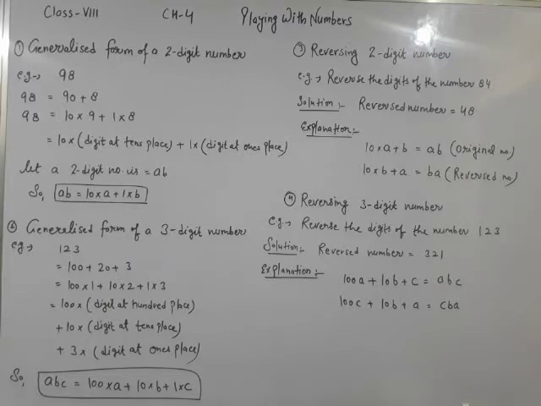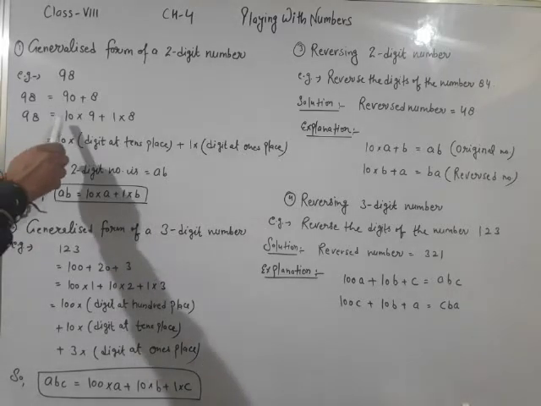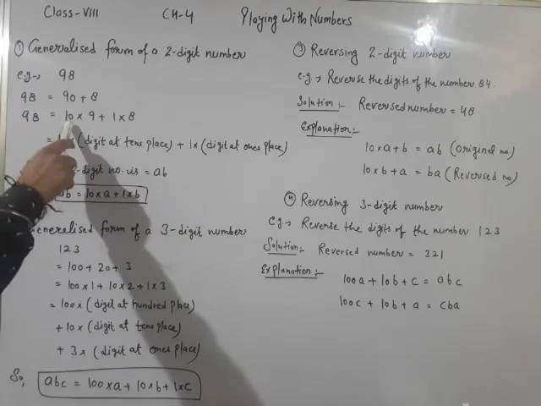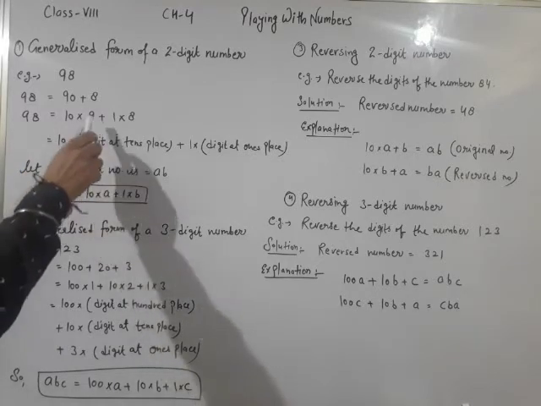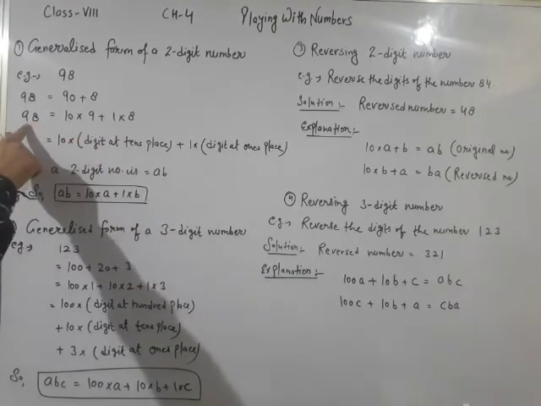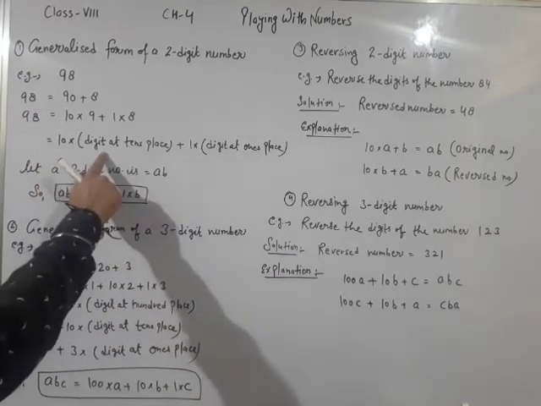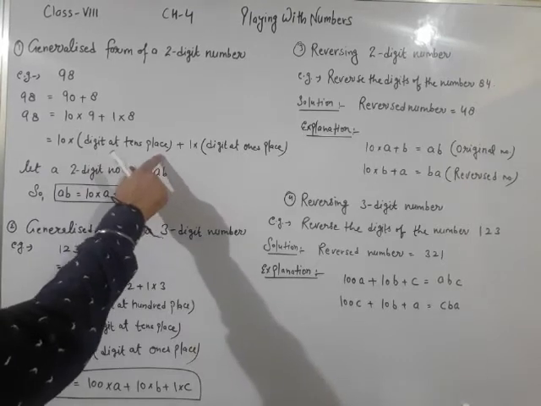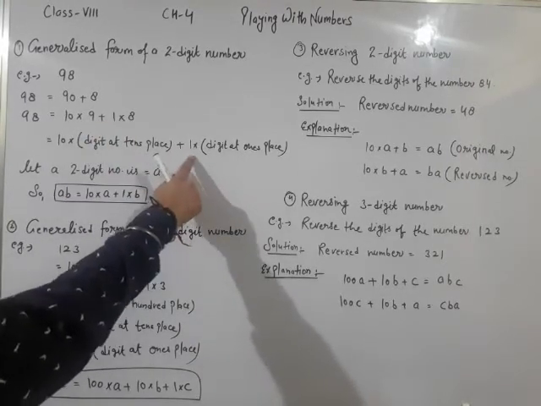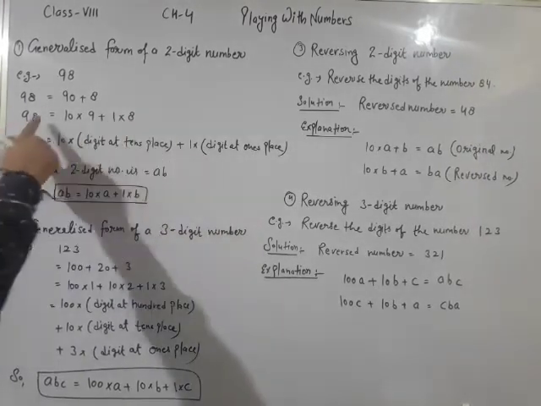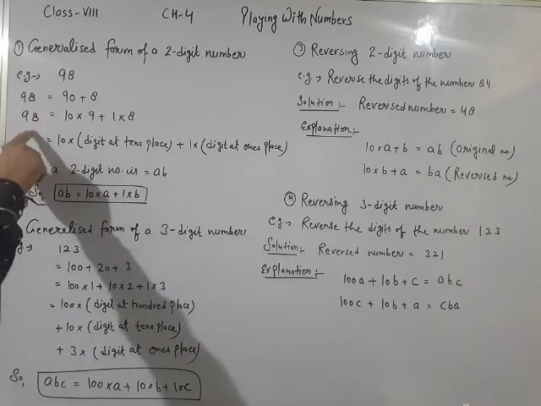And 90 can be written as 10 multiplied by 9, and 8 can be written as 1 multiplied by 8. So what we get to know is it is 10 multiplied by 9, and 9 is at the tens place. So 10 multiplied by the digit at the tens place, plus 1 multiplied by 8, and 8 is our ones digit.